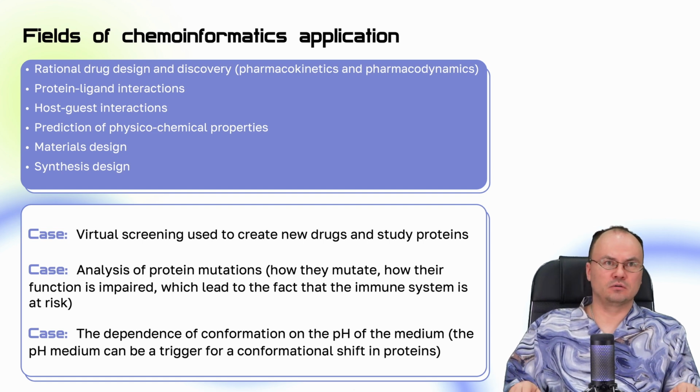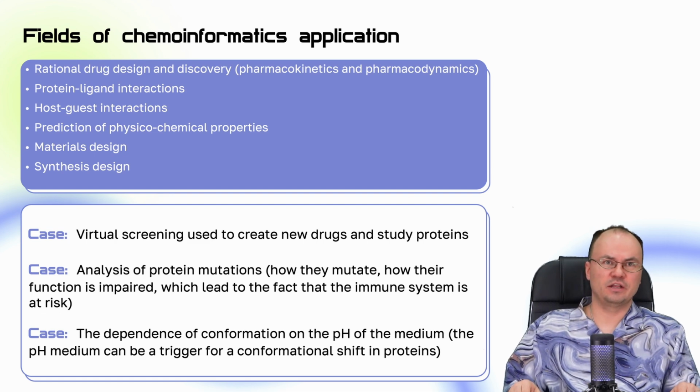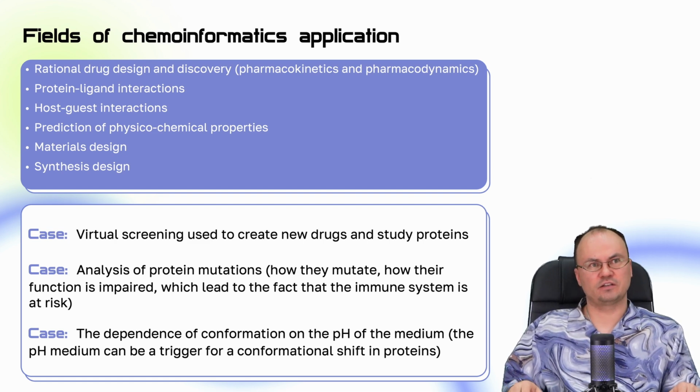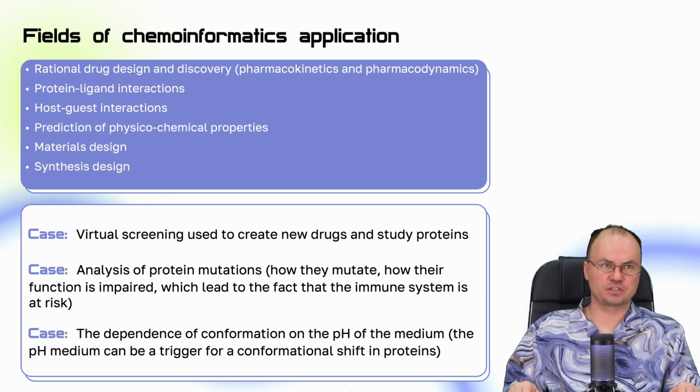To sum up, we could use this for cases like virtual screening that can be created for new drugs, and study some proteins for the analysis of protein mutation and how they mutate and how their function is affected, which could also lead to the fact that the immune system might be at risk.